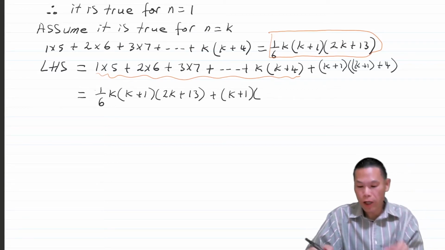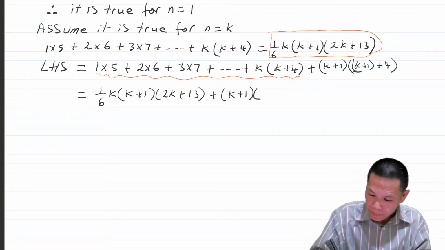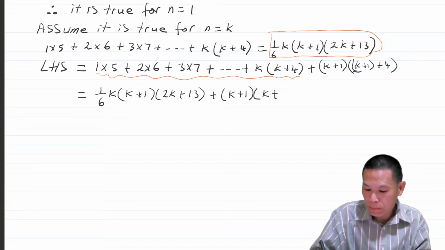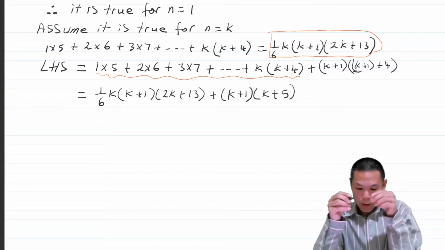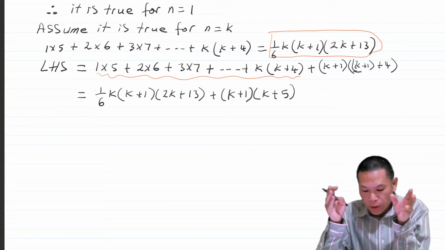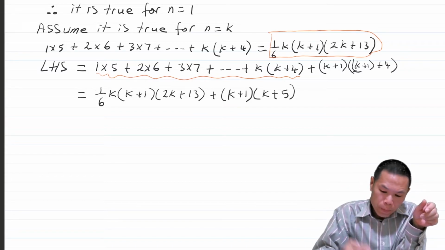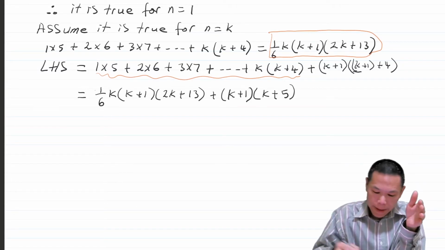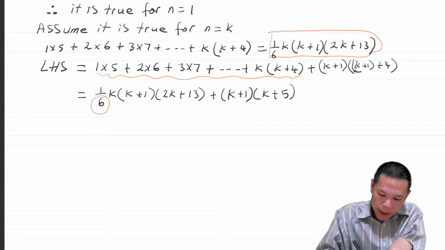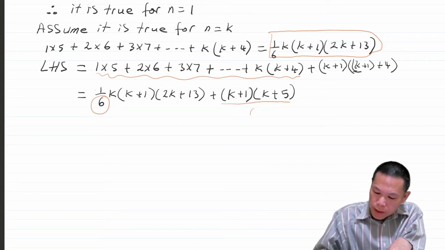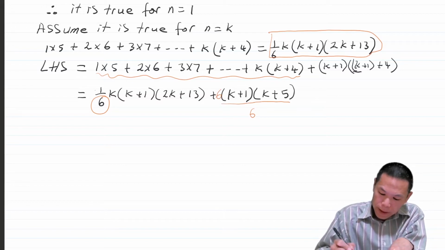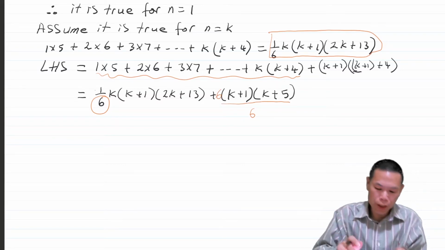And I simplify, so that is k plus 1 plus 4 is 5. Okay, so plus 5. So now what I do is just write in one fraction form, okay? So therefore, the common denominator for this is 6. Because this is 6 here, so I just put this is 6. And I times this by 6. So I just write in one fraction first.